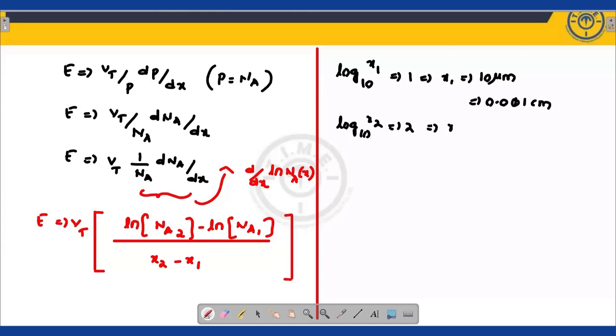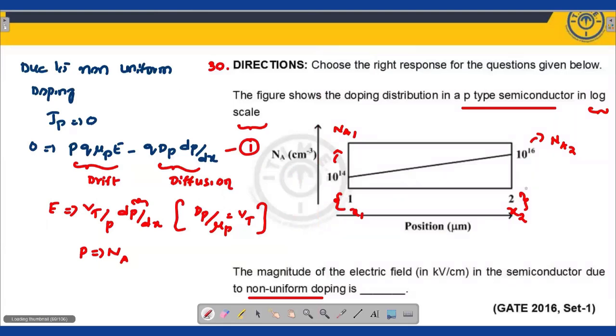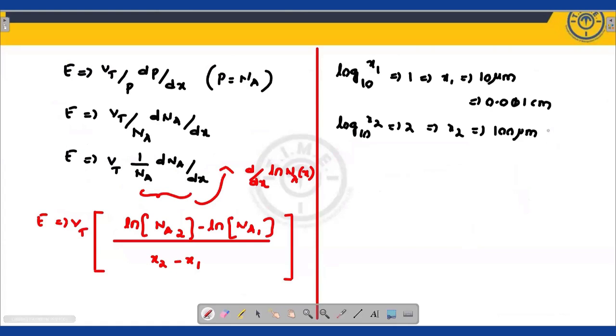So here x2 becomes 100 micrometers, because he has given, my dear students, all the things in here in micrometers only. Or you can change, my dear students, in the form of centimeters if it is needed. Okay, then it will be 0.01 centimeters.